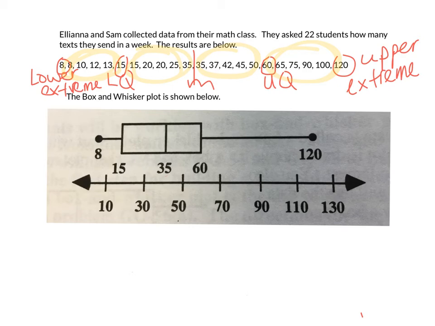Some common questions you might be asked on how to interpret box and whisker plots are things like, what percentage of students did greater than 35 texts in a week? The percentage of students that sent greater than 35 texts would be 50%, because 35 is your median, and half of the data is above 35.